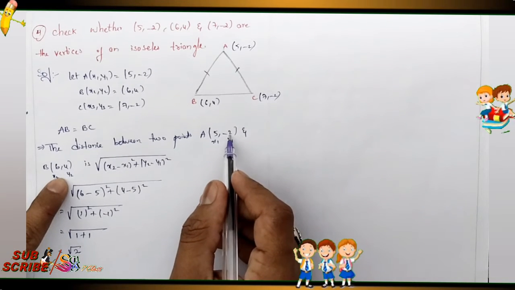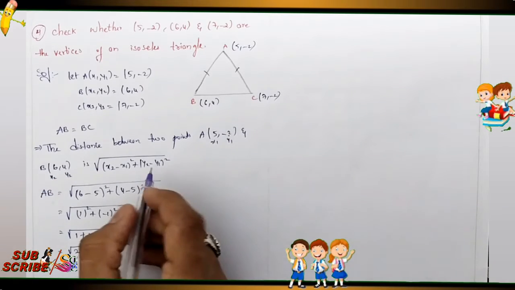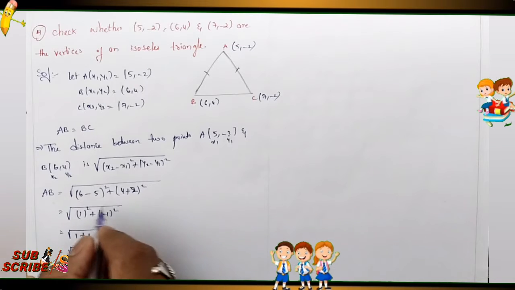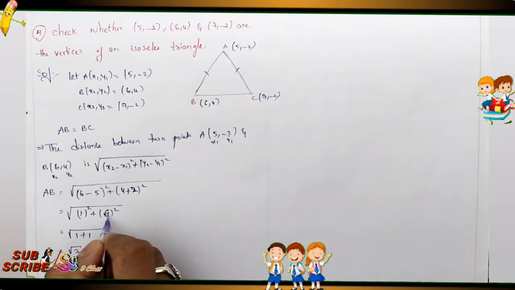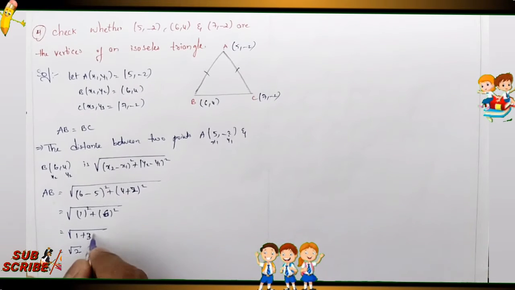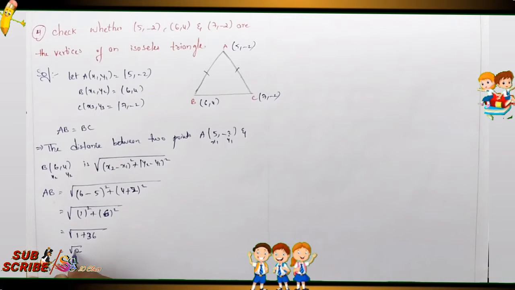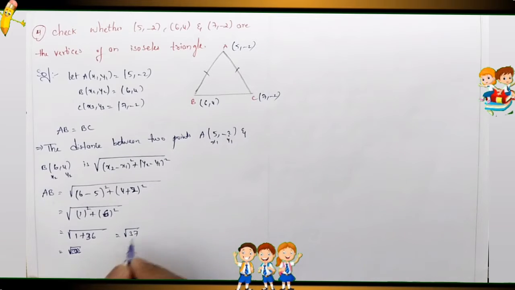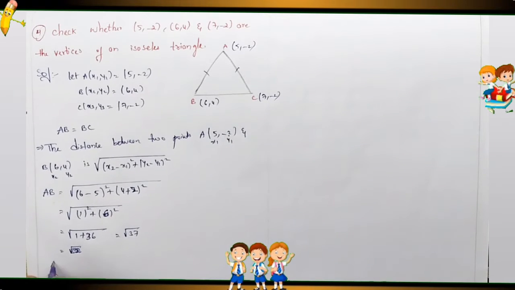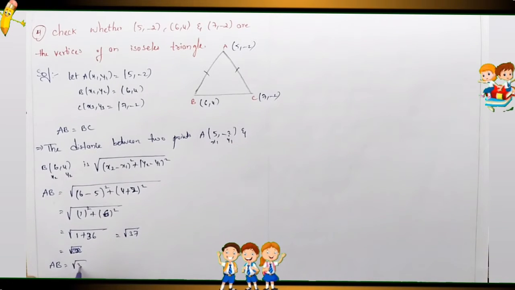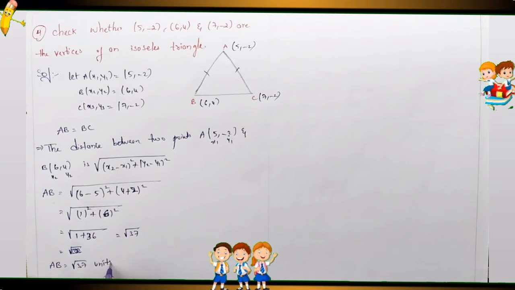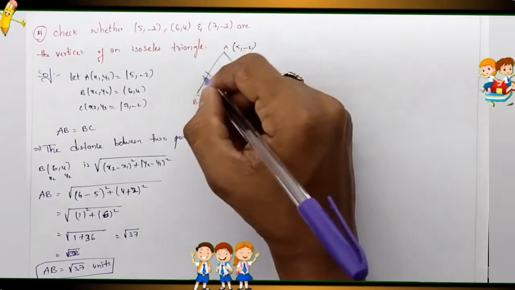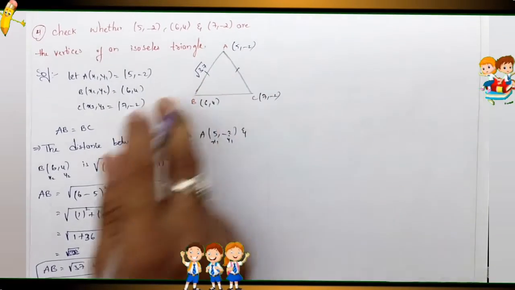The y1 value is minus 2, so that is 4 plus 2, which is 6. 6 square is 36. So 1 plus 36 is the square root of 37. Okay, we are done. AB is equal to root 37 units. We got the answer root 37.